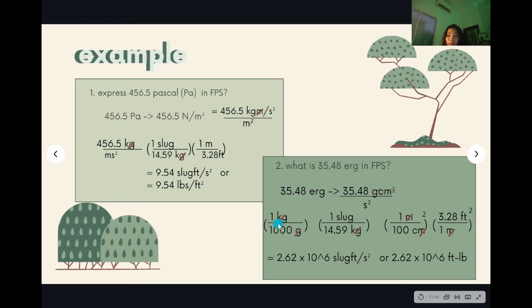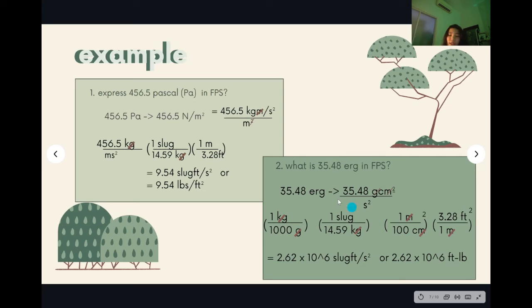So calculate it as 1 times 1 times 1 times 3.28 over 1000 times 14.59 times 100. It will be 2.62 times 10 raised to 6 slug feet squared, or 2.62 times 10 raised to 6 foot pound.